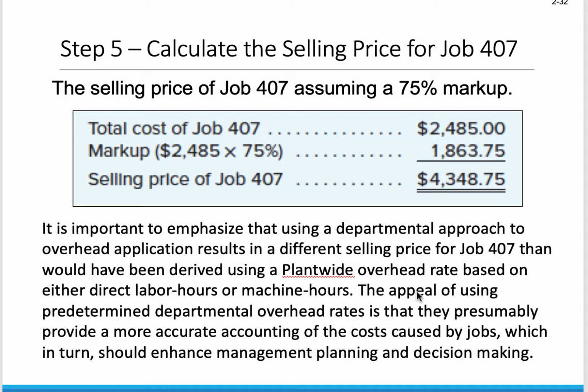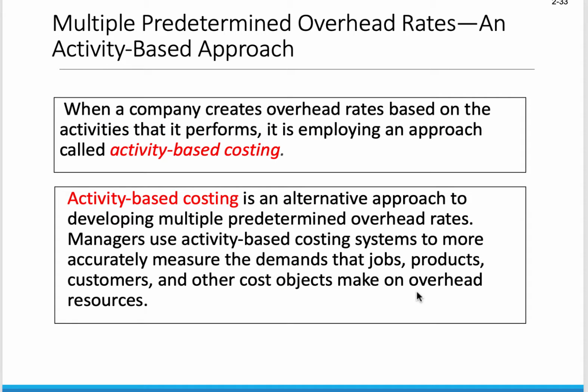So by using multiple, departmental predetermined overhead rates, we as managers can make better decisions and prepare better plans. Next, building on this predetermined overhead rate, we're going to see activity-based costing. There's a chapter on that. Activity-based costing is actually chapter 7.